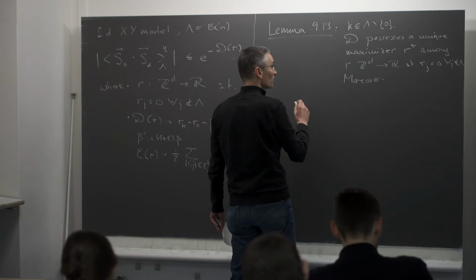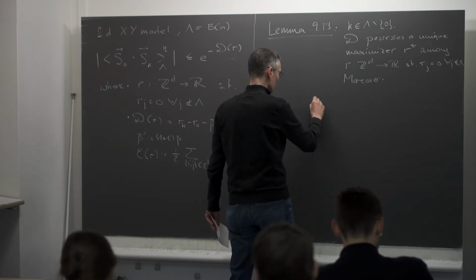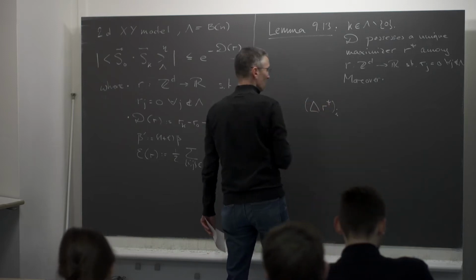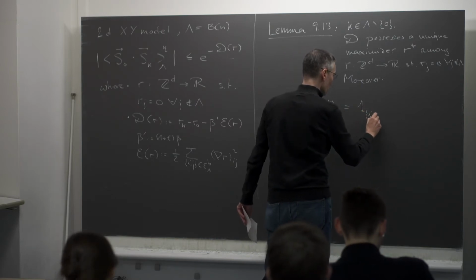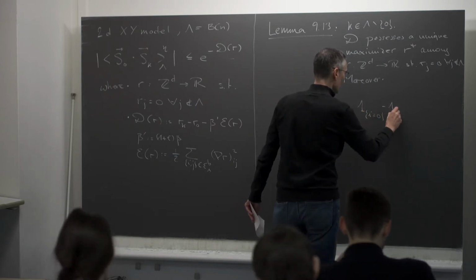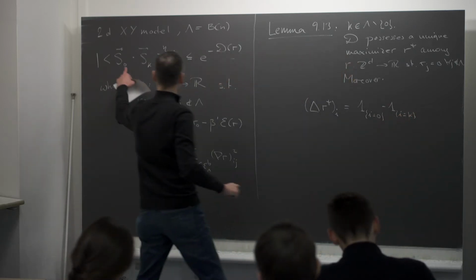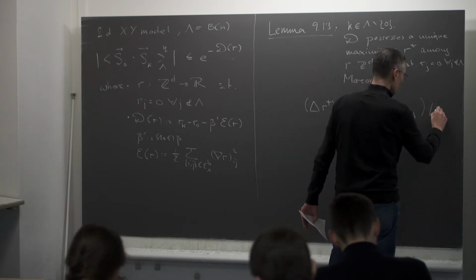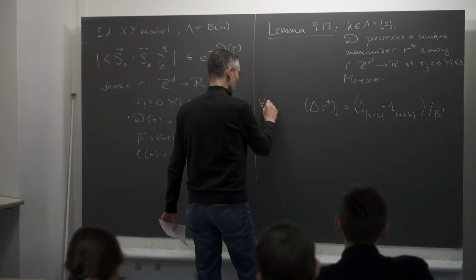On one hand, it's a solution to the following equation. So we have that Laplacian of R star at i is equal to the indicator that i is equal to 0 minus the indicator that i is equal to k, where k and 0 are, of course, these 2 points here, divided by beta prime. That's for any i in the box lambda.